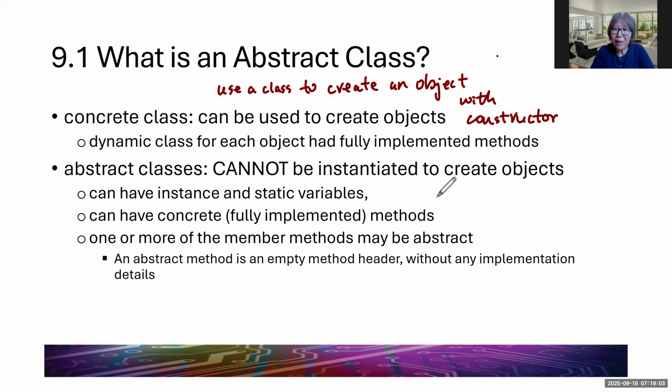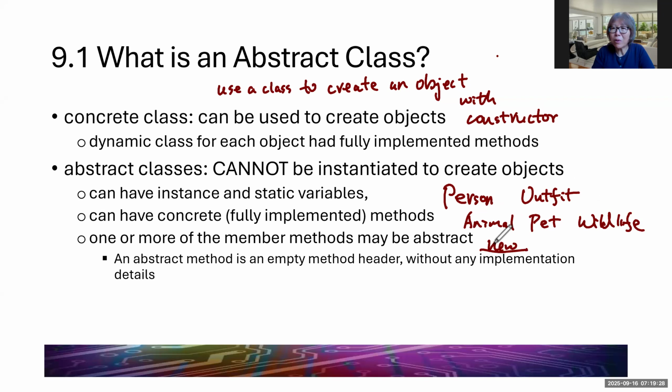The classes that we learned are like the person class and outfit class. We also learned the animal class, a pet class, and a wildlife class. We use all of them to create objects through the new keyword, and all of the objects are created on the heap.